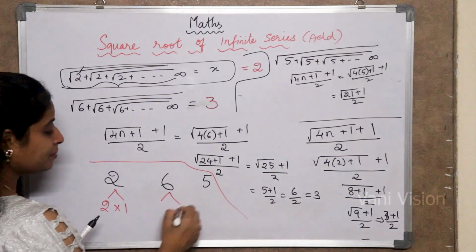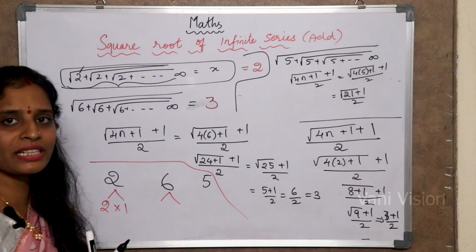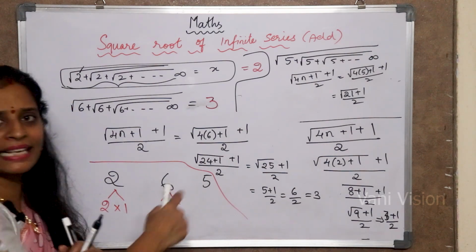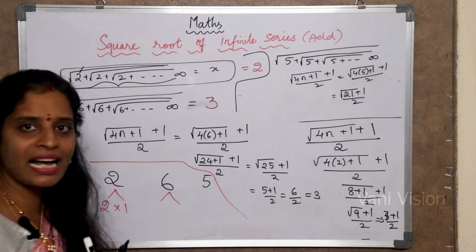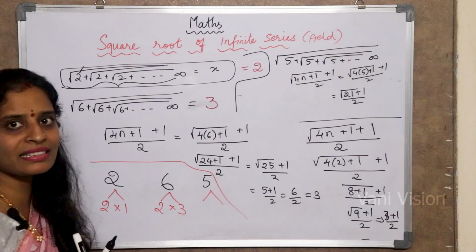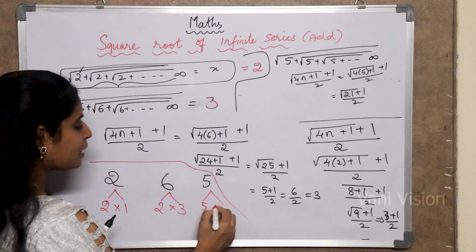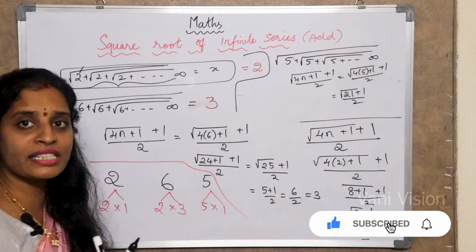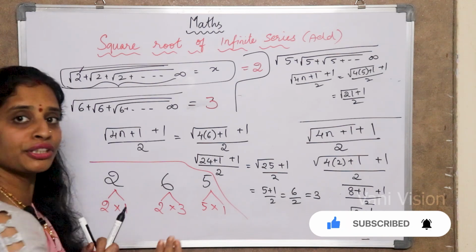Now 6: consecutive products means continuity in numbers should be there. 6 can be written like this, 2 threes are 6. Now 5 can be written like this, 5 into 1. They are not consecutive numbers. So, only for consecutive product numbers are we going to use this trick.